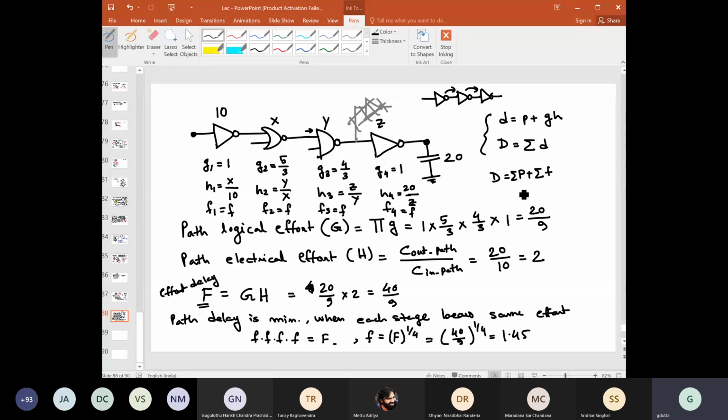Let us do that on the next page. We have to sum up all the parasitic delays, plus find the summation of all the f. So you can find it by adding all four parasitic delays of the individual gates, plus, as there are four stages, it will be 4 into f, and the f value we already know is 1.45. So in the next page let us continue this.